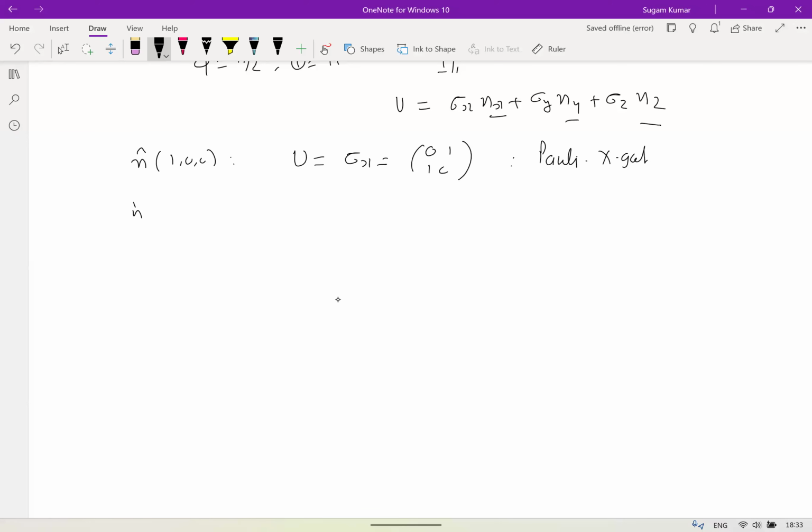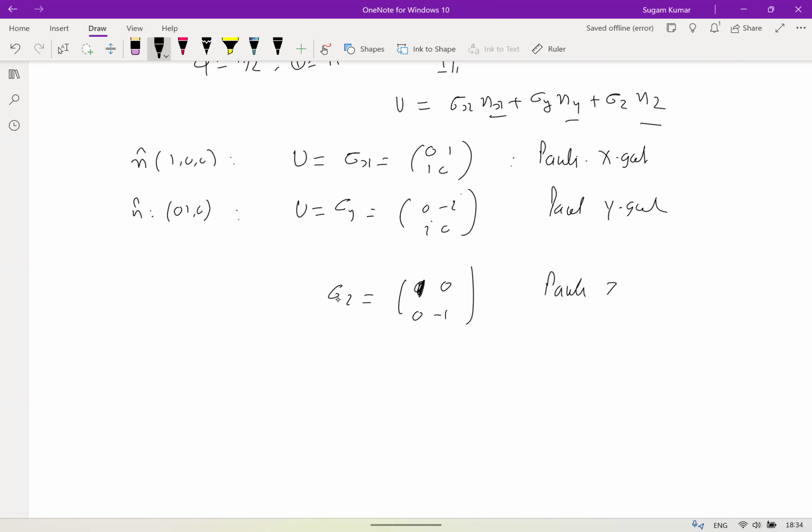If you set this n cap, let us say 0, 1, 0, then you're going to get sigma y, which is 0, minus iota, iota, 0, and this is what is called the Pauli Y gate. And similarly, you can construct the sigma z gate also, that is 1, 0, 0, minus 1, that is called the Pauli Z gate.